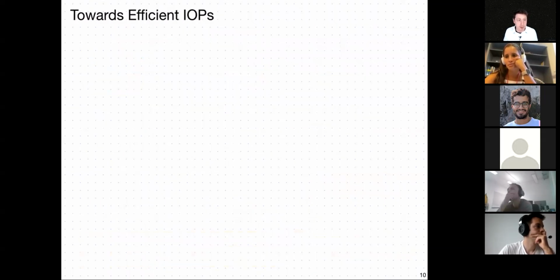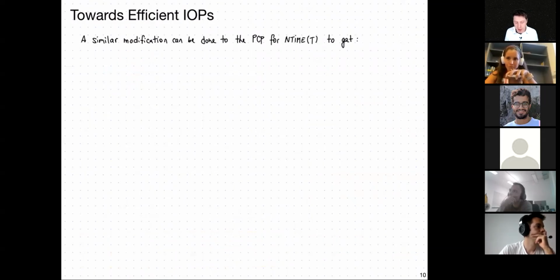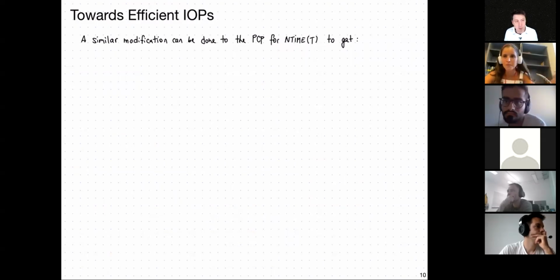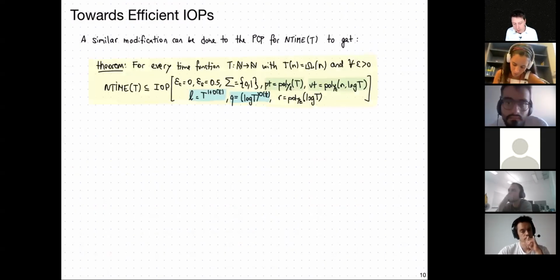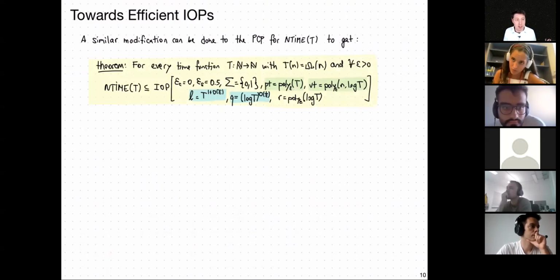Now, that's just one idea, and we anyways went to n to the 1 plus epsilon. A similar modification can be done to the PCP for n time, which is excluded from this summer school, but it is one of the lectures in my online course, so you can see it there. And with a similar modification, you can get a pretty general result with basically no extra ideas, just by using interaction.